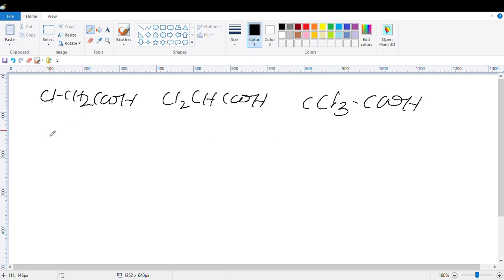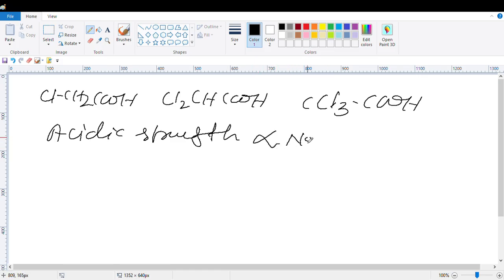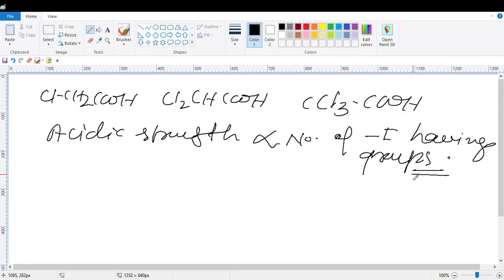Here the acidic strength is also directly proportional to the number of minus I having groups. So here it has only one chlorine, so least minus I effect, and trichloroacetic acid has the highest minus I effect. In this way, chloroacetic acid is least acidic, then dichloroacetic acid, then trichloroacetic acid.